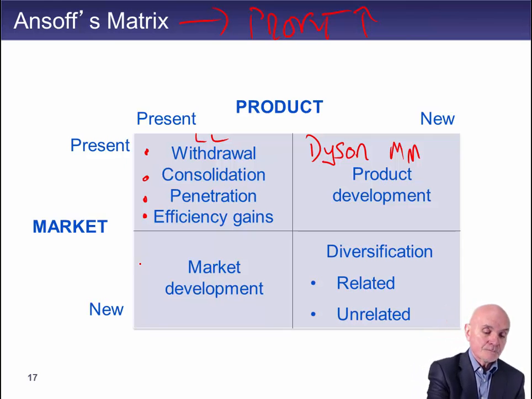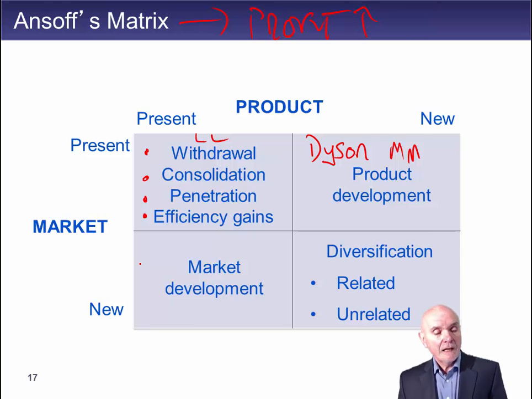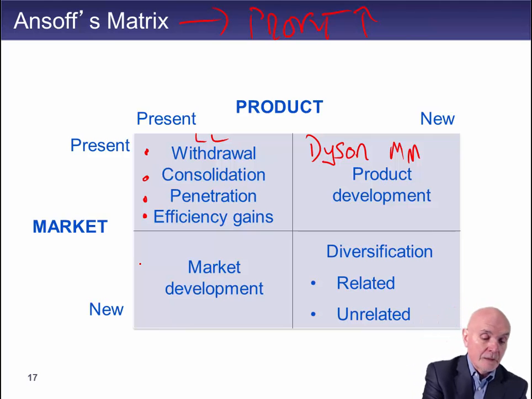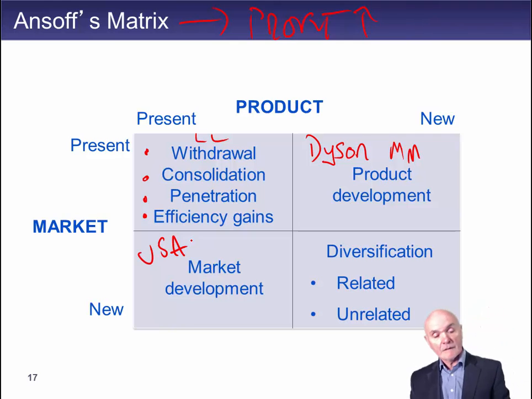Similarly here, if you try to launch yourself in another market, another country for example, a good example here is the USA and our supermarkets. There have been a whole lot of attempts by UK retailing organizations to launch themselves successfully in America, and they mostly come to grief.